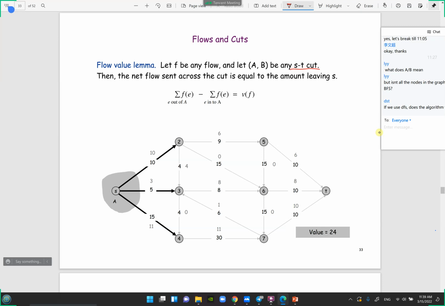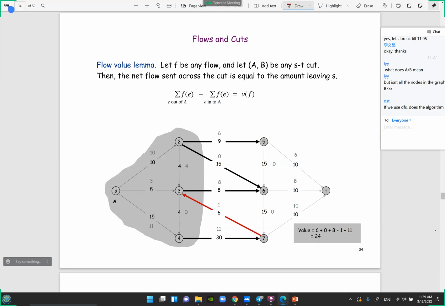In this cut, the edges going out of the cut are these three edges. If you add all of the flow going out of A and subtract all of the flow going into A, this is exactly equal to this value 24 here.